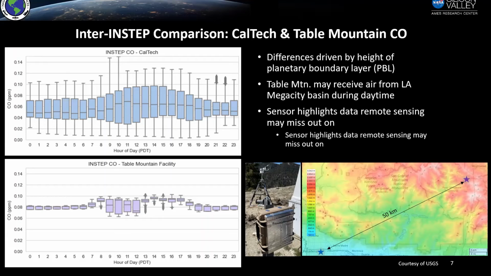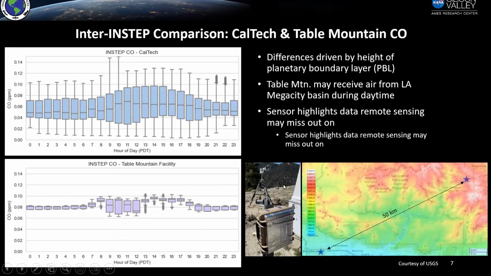But I do want to note too, there is a Pandora at the Table Mountain site as well, which I have a photo of here in the middle panel between the data and the map. I'm not showing data from that Pandora just yet. We're still trying to figure out some of the discrepancies between what's happening at sites.